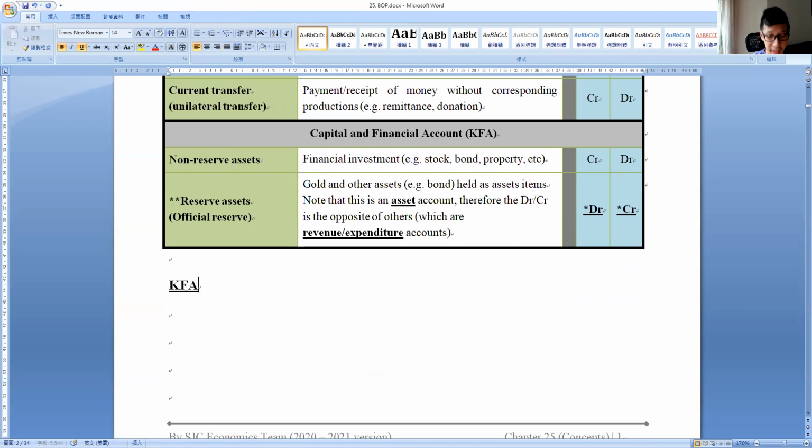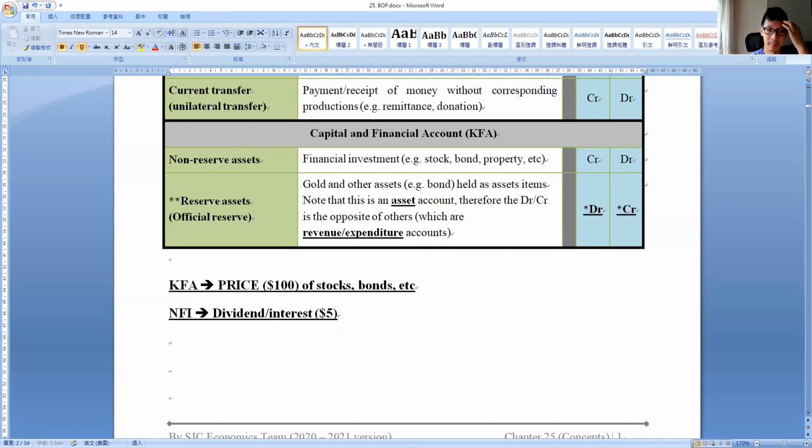When we talk about KFA, we are talking about the price of stocks, bonds, etc. Let's say this is a 100. Now, what about after buying this stock and bond, you receive, let's say, something we call the dividend, or in case of a bond, interest of $5.